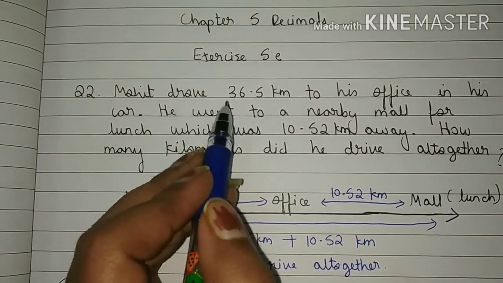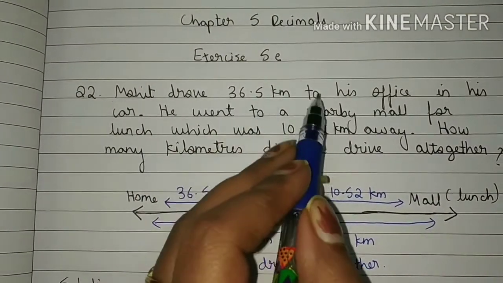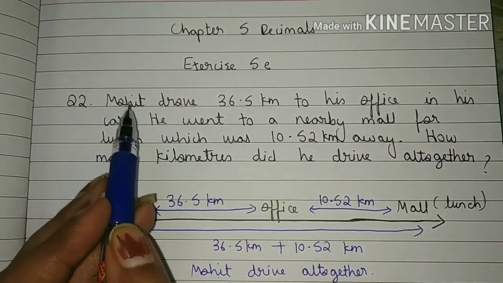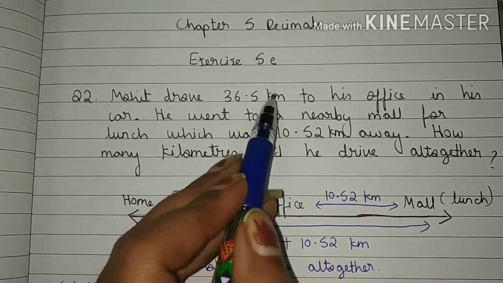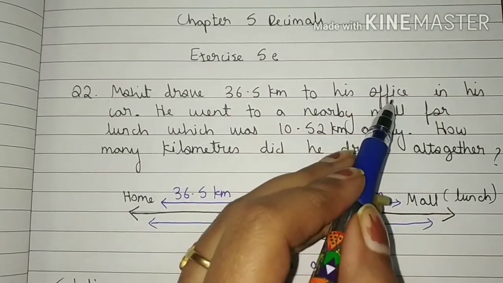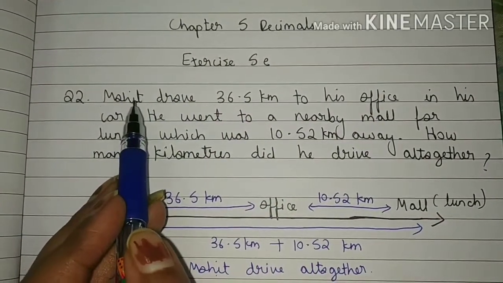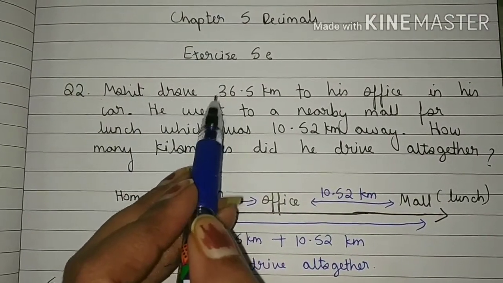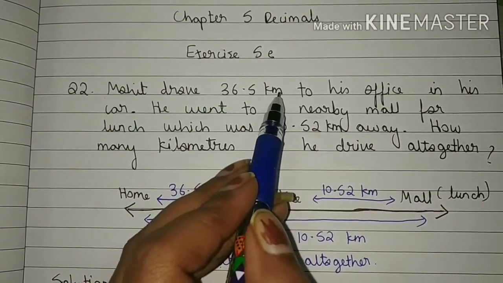Mohit drove 36.5 km to his office in his car. Mohit drives a car and goes to his office. So, from home to his office, he drives a car 36.5 km.